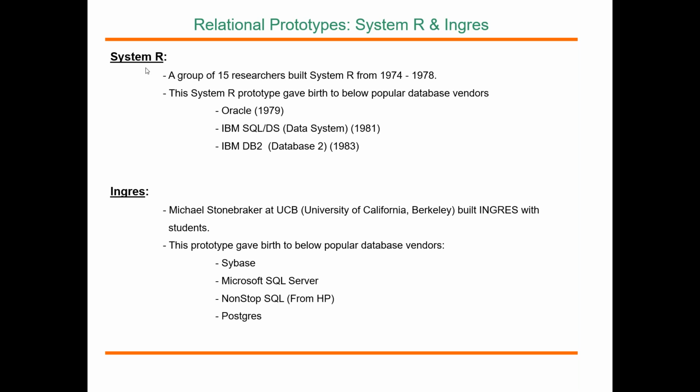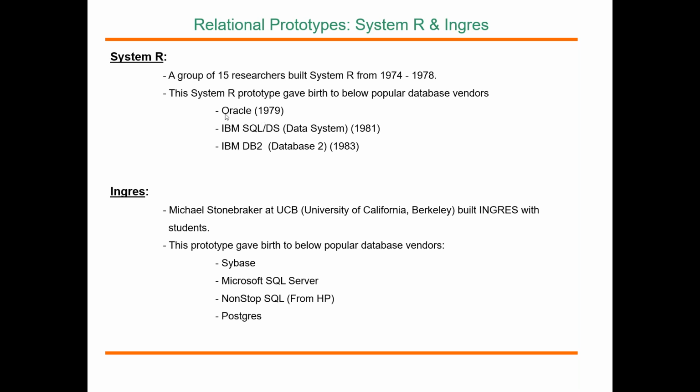The System R project was the effort of 15 plus researchers, and they built System R as a real implementation of E.F. Codd's relational model between 1974 and 78. System R gave birth to the following major database vendors.